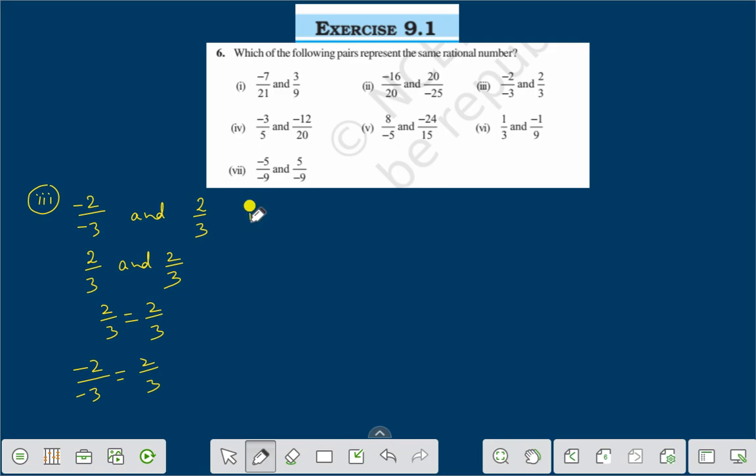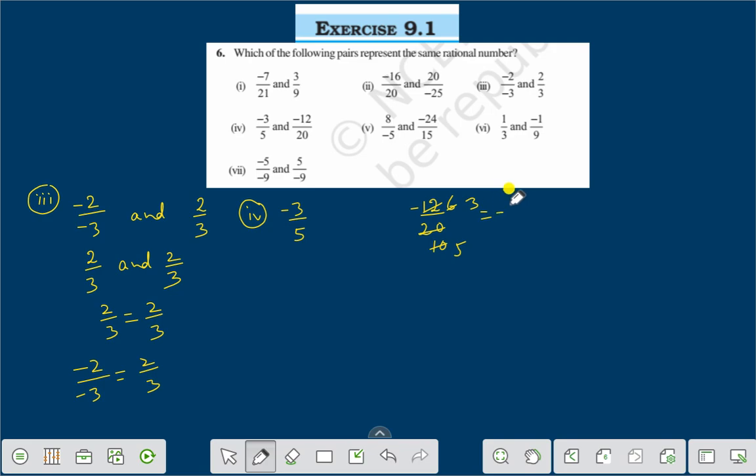Now question number 4. Question number 4 is minus 3 by 5. Another number is minus 12 by 20. If we change to lowest terms, we are getting 2 sixes are 12, 2 tens are 20, 2 fives are 10, 2 threes are 6.